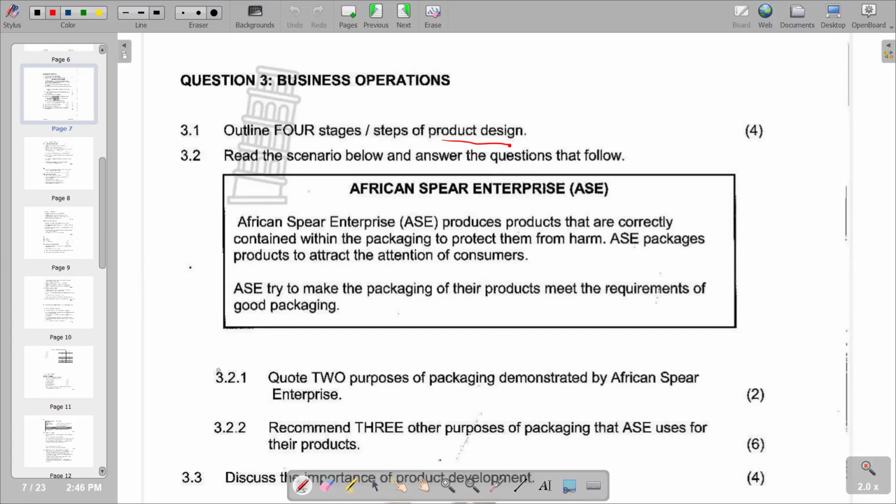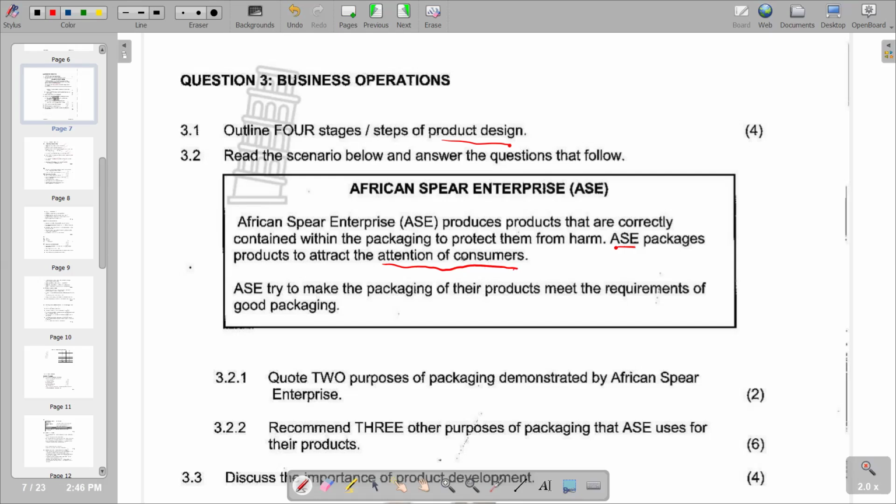So on the first part, 3.2.1, quote 2 purposes of packaging that are demonstrated by African Spear Enterprise. So obviously, we are going to use the purposes from the scenario that we are given. If you come here, it reads ASE packages products to attract the attention of customers. So this is the purpose, to attract the attention of customers.